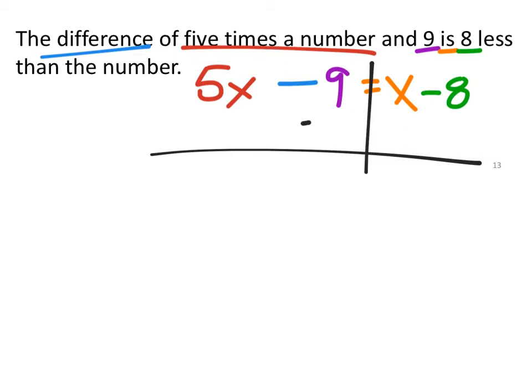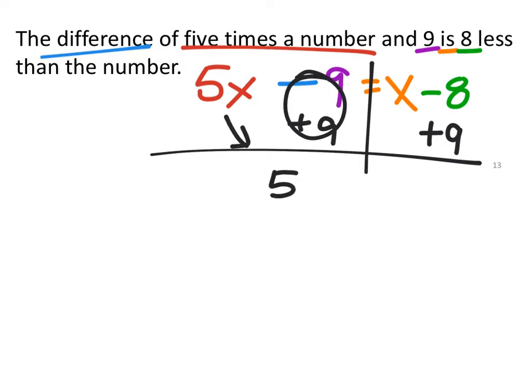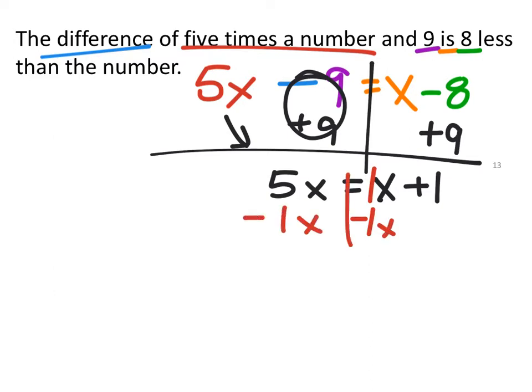So I'm going to get rid of that minus 9 right there and zero it out. I'm going to add 9 to both sides of the equal sign. There it goes, zeroed, which now is 5x equals x plus 1. And then I've got this 1x right here, which I need to get rid of because it's on the wrong side. So just subtract 1x from both sides, making that 4x equals this 1 right here.